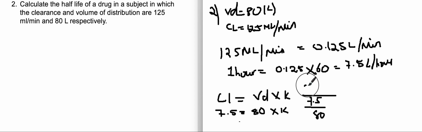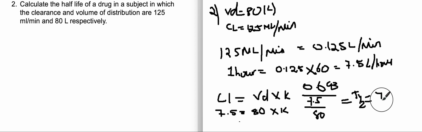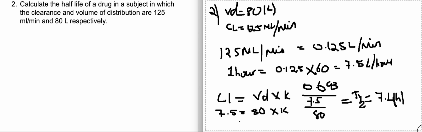Now this whole divided by 0.693 will give you t half, which is equal to 7.4 hours. Gonna put that in. Hope that helps. Now let's move on to the next one.